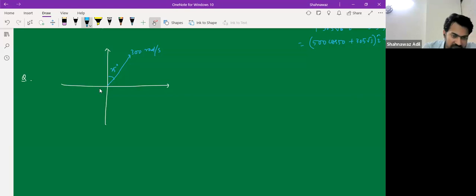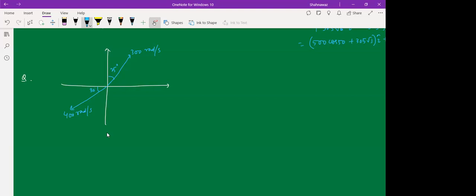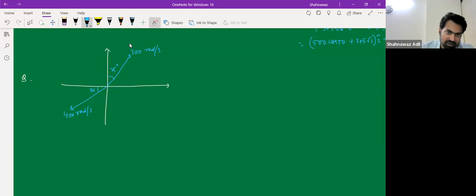And the other vector is this, 30, and 400 rad per second. So this is angular velocity, represented by omega. Let's write it as omega 1, and this is omega 2.